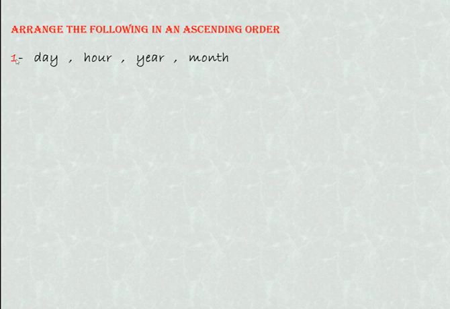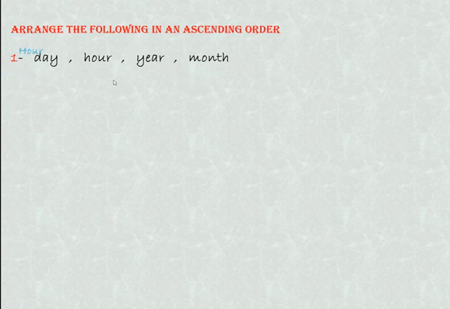Another question: arrange the following in ascending order. We know ascending means from small to big. Example number 1: day, hour, year and months. It's very easy. Which is smaller here?